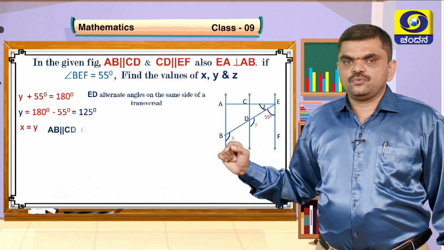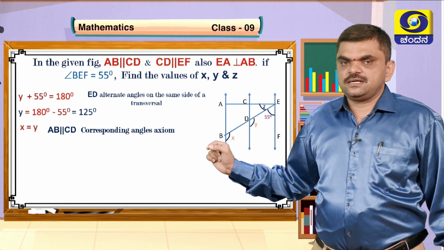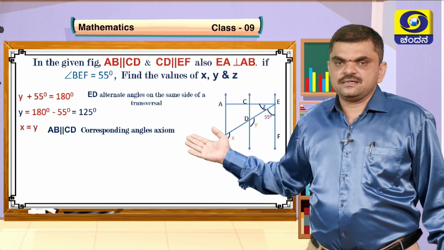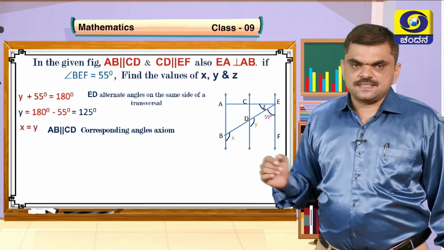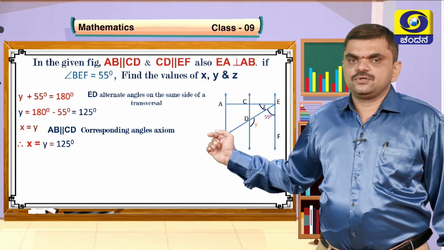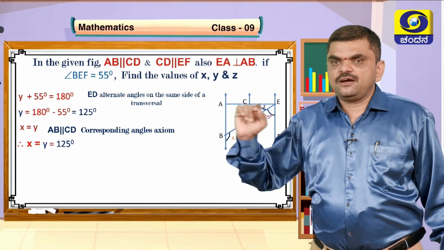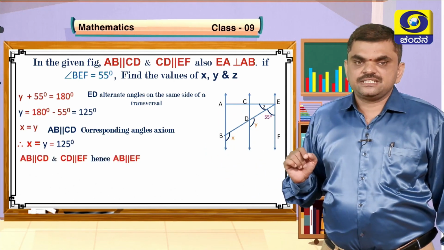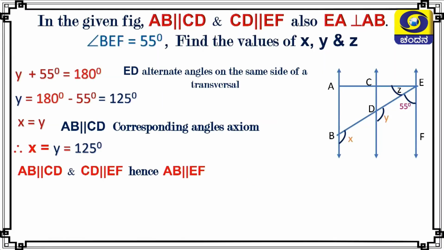So x is equal to y because AB is parallel to CD, corresponding angles axiom we already discussed here, children. So angle x is equal to angle y is equal to 125 degrees. Now we have to find out the value of z, children. Since AB is parallel to CD and CD is parallel to EF, hence AB is parallel to EF. AB is also parallel to EF.